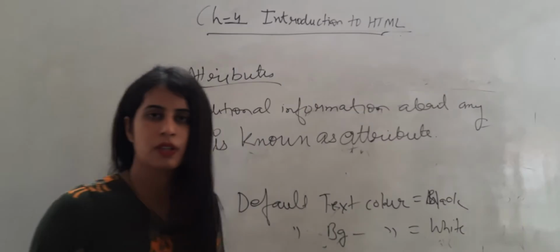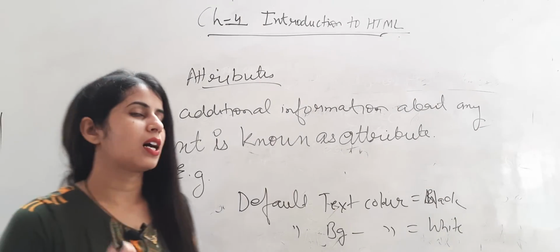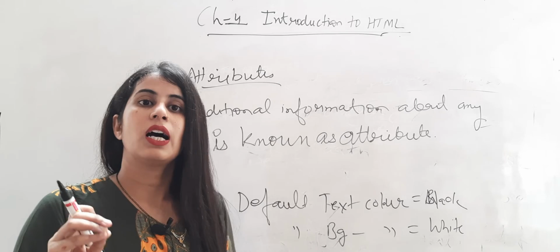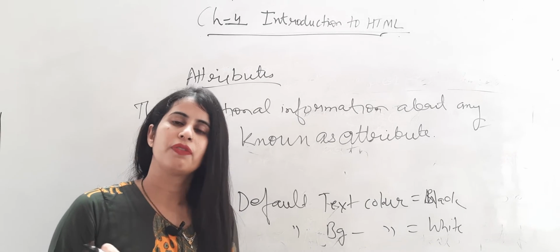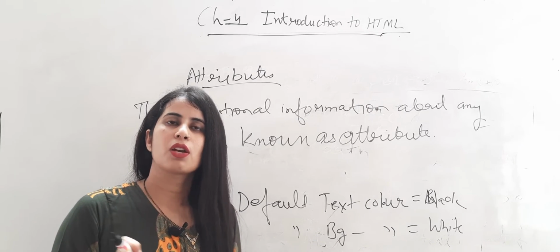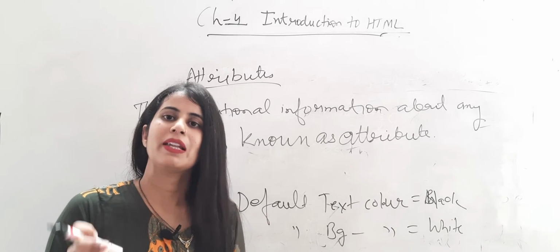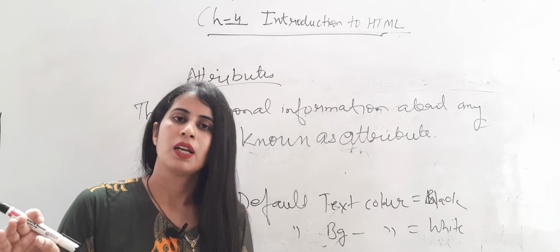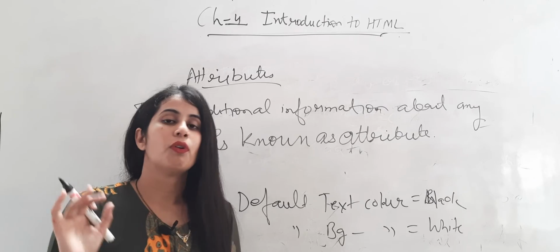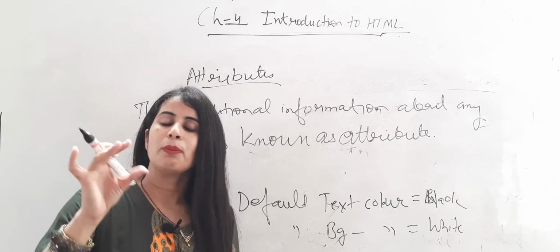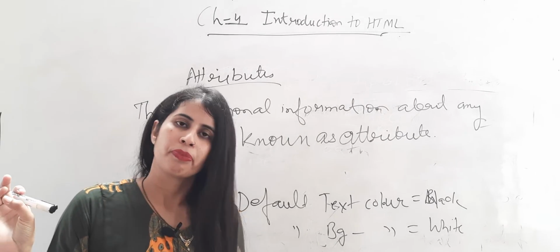We can change it. I can change the color of the font, the face of the font. Face means normally we are using Times New Roman. Many fonts are there, Calibri, Verdana. So the font face is the name of the font family.